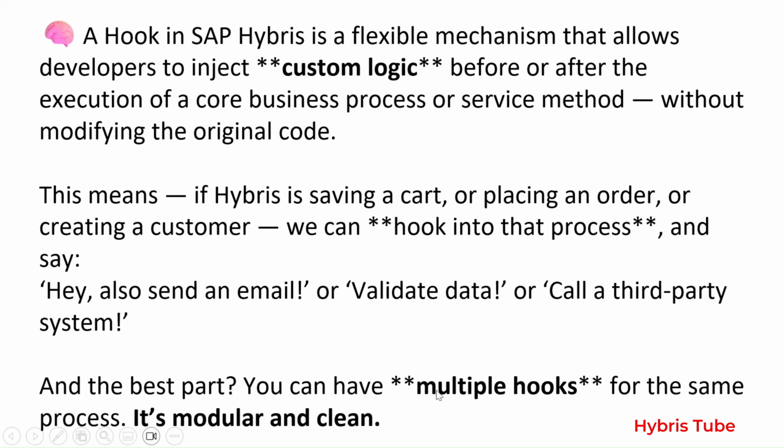And as I already told you, with one parent flow, you can have multiple hooks, right, for different logic execution. So it is basically modular and it provides a clean code execution approach. I hope now it is crystal clear to you what are hooks, what are the benefits of hooks, right?